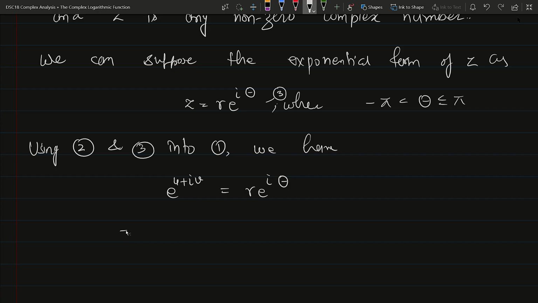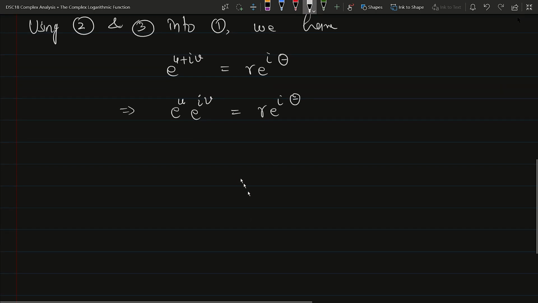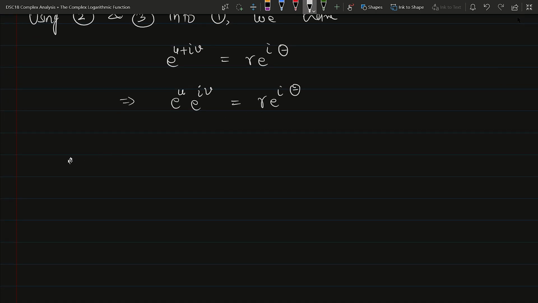Okay, and this equation can be written as e to the power u e to the power iota v is equal to r e to the power iota uppercase theta, right? Now if you compare these two, this implies that e to the power u is equal to r, and we have that v is equal to theta plus 2 n pi, right? And where this n could be 0, plus minus 1, plus minus 2 and so on. Okay, this can be anything from these integers.